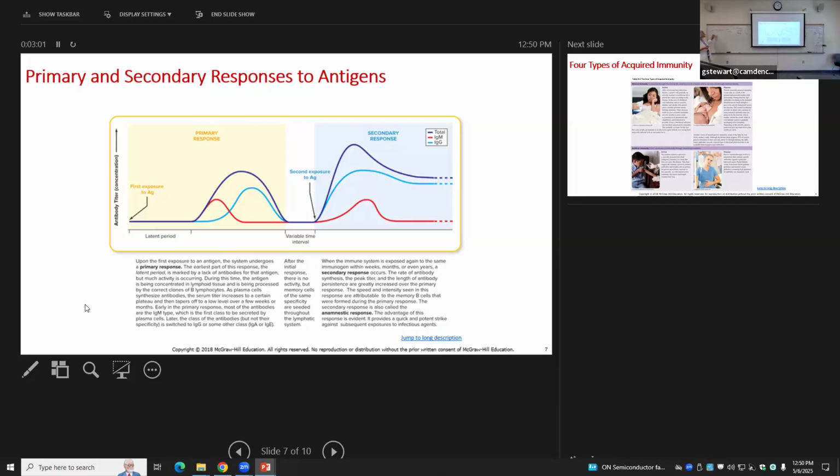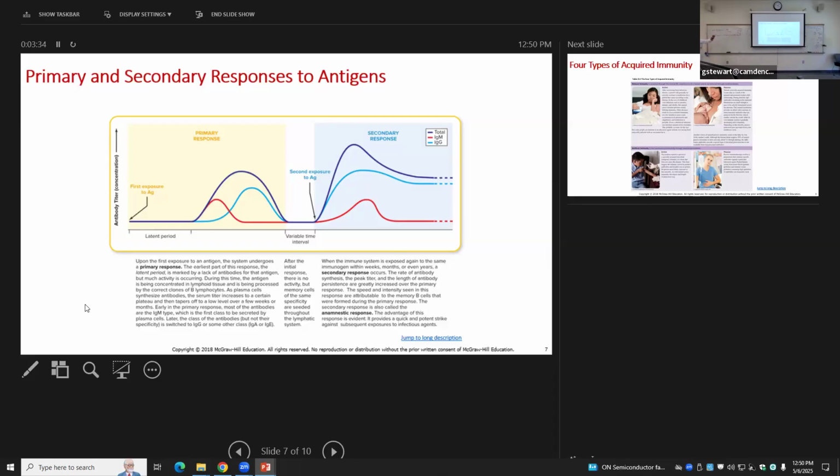Your second exposure, right, is going to cause a secondary response, which is also known as the amnestic response. And two things I need you to notice about that. Look how much more total immunoglobulin there is, a lot, almost double.